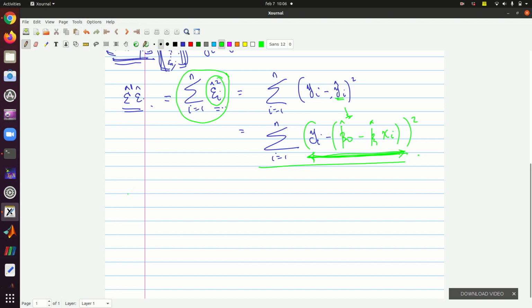Okay, so what we are going to do is that we are going to take the derivative. I just have to be clear with my notation here. Okay, so just a minute.